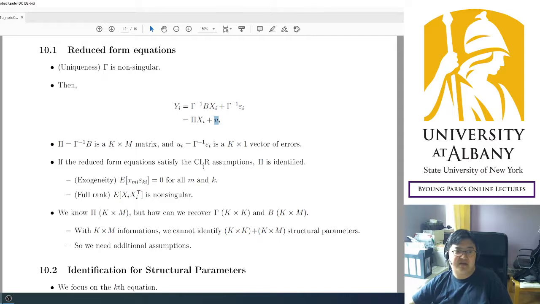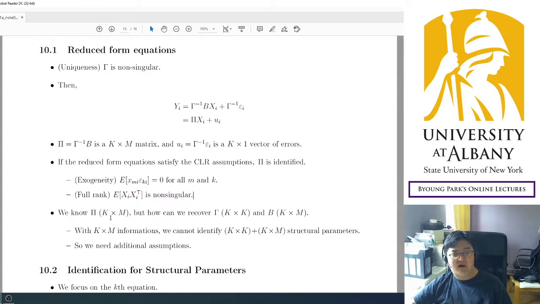It satisfies the classical linear regression assumptions as long as this is satisfied and this is satisfied, which we will maintain throughout this analysis. So it's obvious: exogeneity, because X is exogenous, and full rank is a separate assumption. Of course, it is mild. We have to have this. Then, okay, pi is identified under these assumptions by the classical linear regression method.